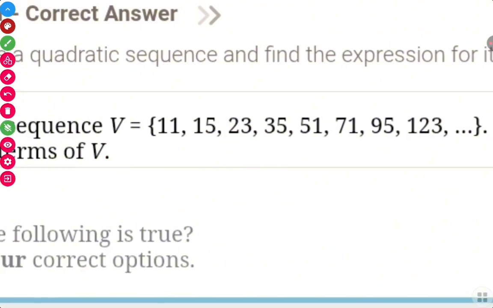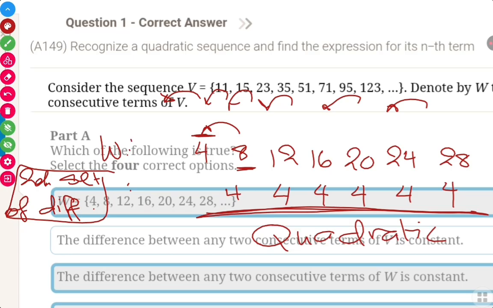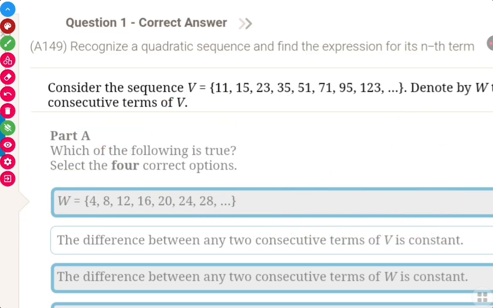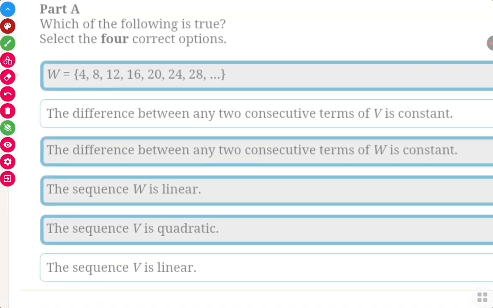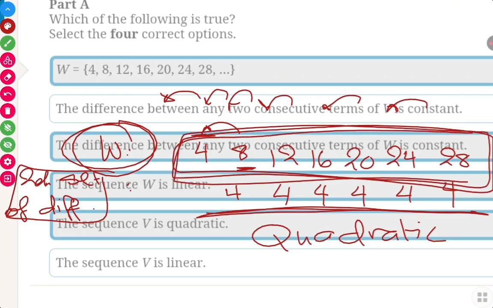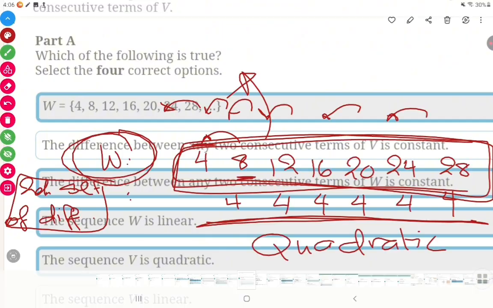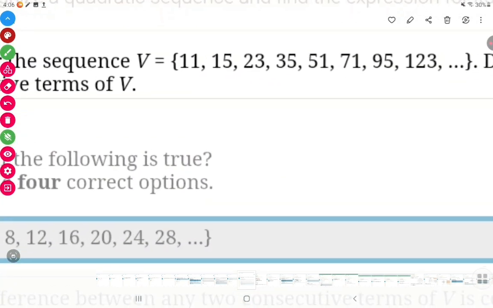So go to the options we have here. W, which is our first set of differences, is equal to 4, 8, 12, 16, 20, 24, and 28. So that is correct. This option is correct. The difference between any two consecutive terms of V, the original sequence.